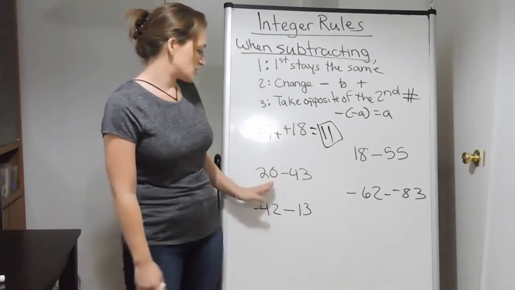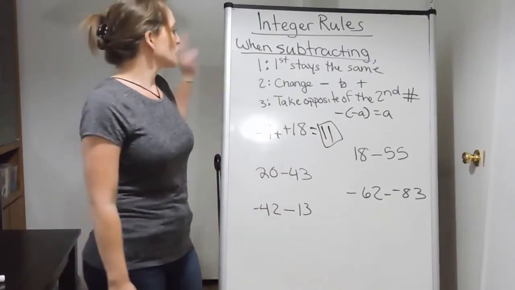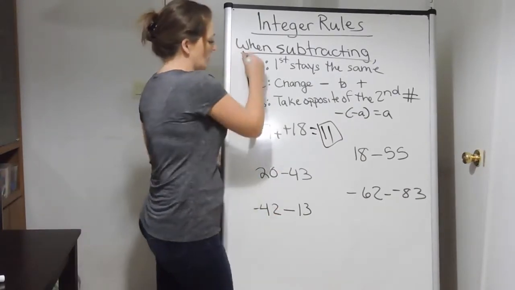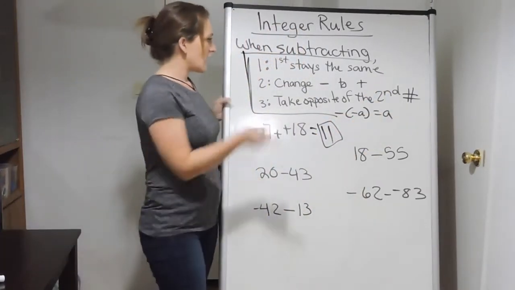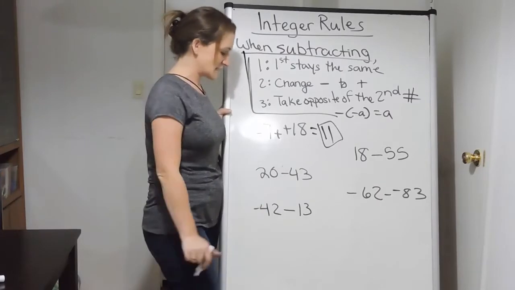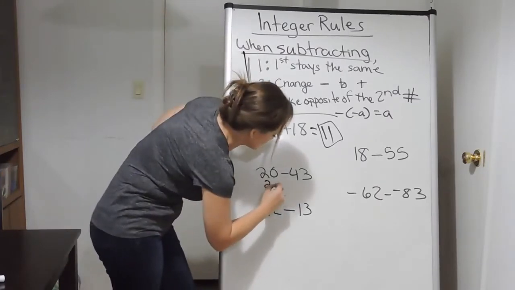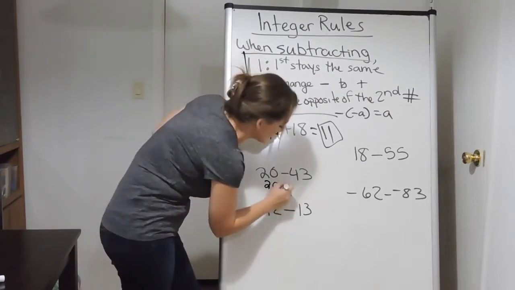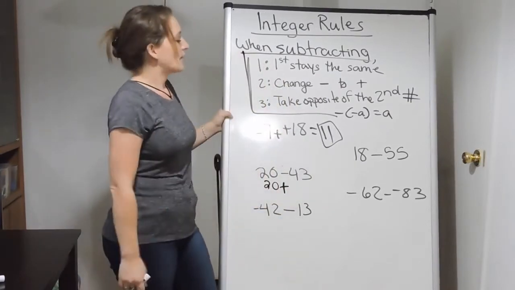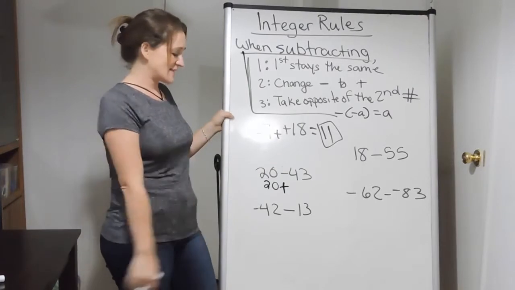Otherwise, next example, 20 minus 43. So using the book definition of our rules here, right? So 20 minus 43, the book definition of the rule says that the first number stays the same, so 20 stays at 20. Change the minus sign to a plus, so this minus will now be a plus. And take the opposite of the second number.